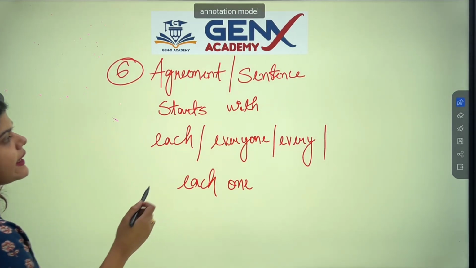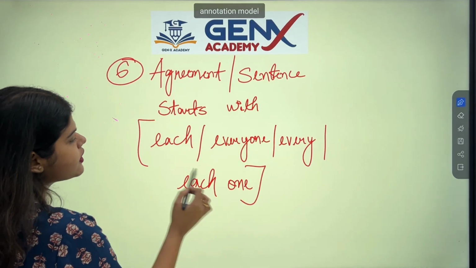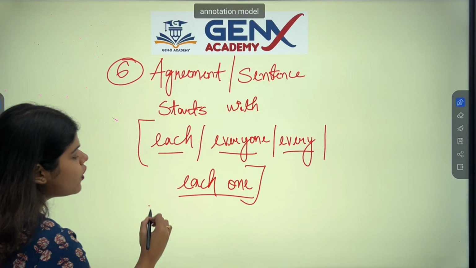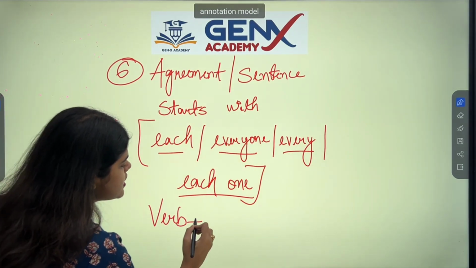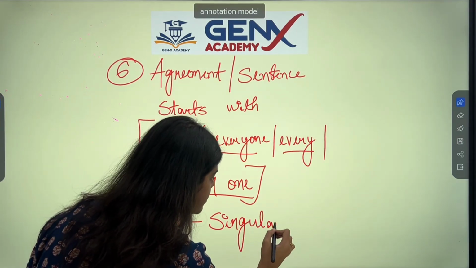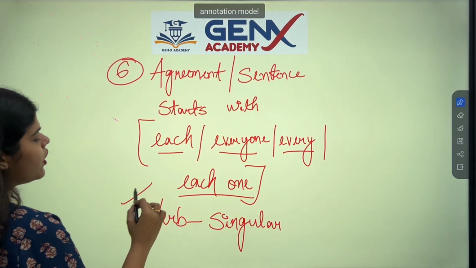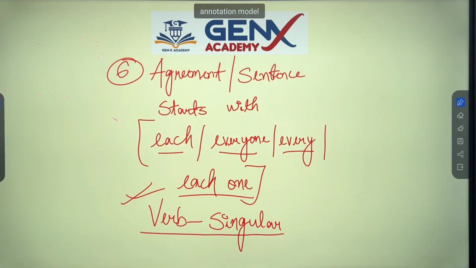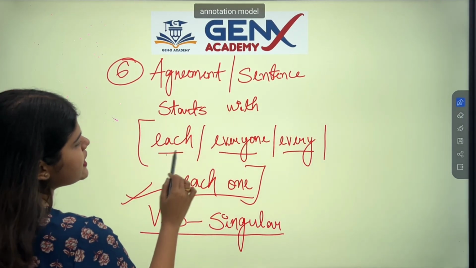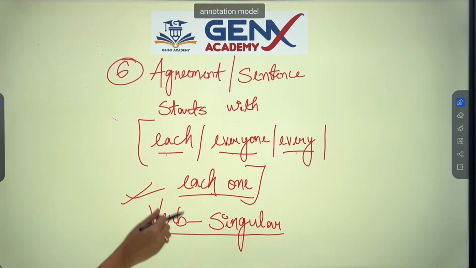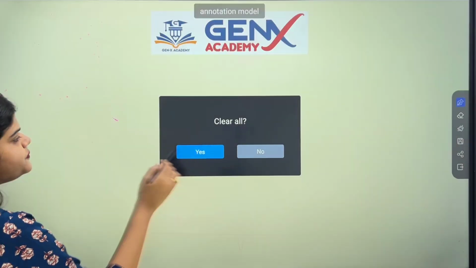Whenever a sentence starts with these words, each, everyone, every and each one, the verb will always be in singular form. The verb will always be in singular form because we look at the subjects as a single unit because of these words, each, everyone, every or each one. So the verb will always be in singular form. Let's look into an example.